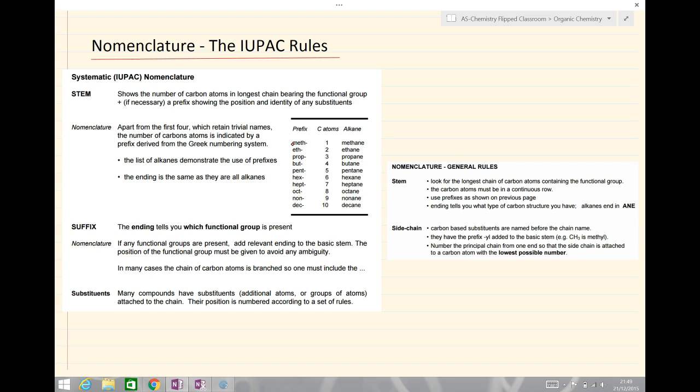In many cases, the chain of carbon atoms is branched, i.e. it's not just one single chain, and in that case we need substituents, and we would need to name the side group accordingly. And we'll see how that works in due course. Importantly, when we do so, we have to give those substituents a number position, and we're going to see how we number those as well.